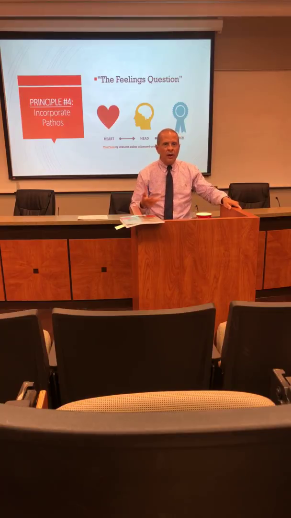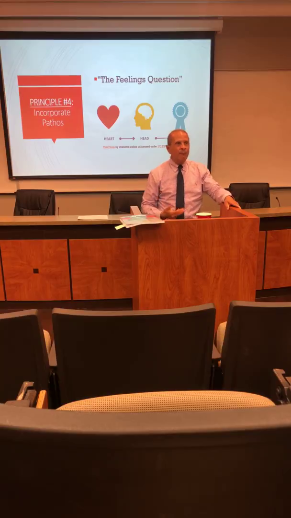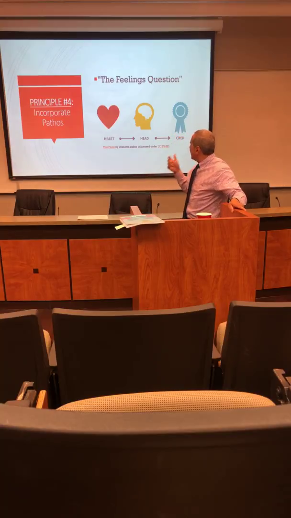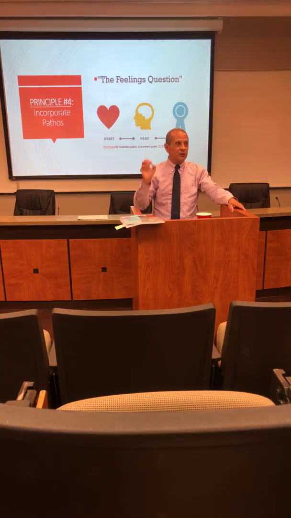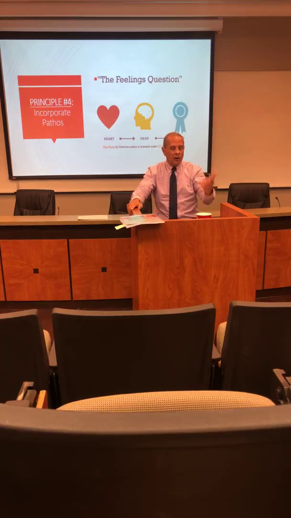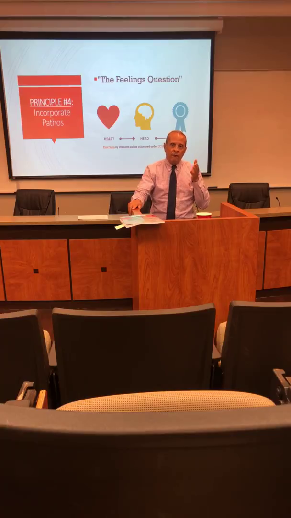But also getting the witness to open up and to develop empathy for that witness is important. In this situation, you should ask the feelings question. So, for example, if you're on direct examination with Jackie, you could ask him, how did you feel, Jackie, when you were first told that you'd never be able to play football again?